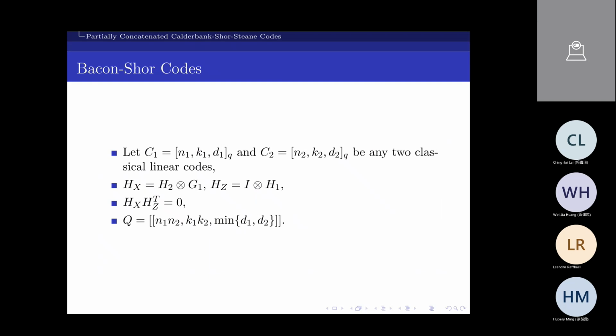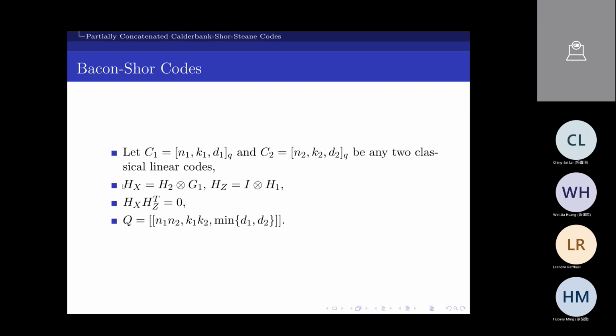Here we need to introduce the famous Bacon-Shor codes. Bacon-Shor codes have some relationship with our constructions, so we need to introduce some very basic knowledge about them. Let C1 and C2 be any two classical linear codes. Yes, any two classical linear codes, and they do not need to satisfy the dual containing constraint.